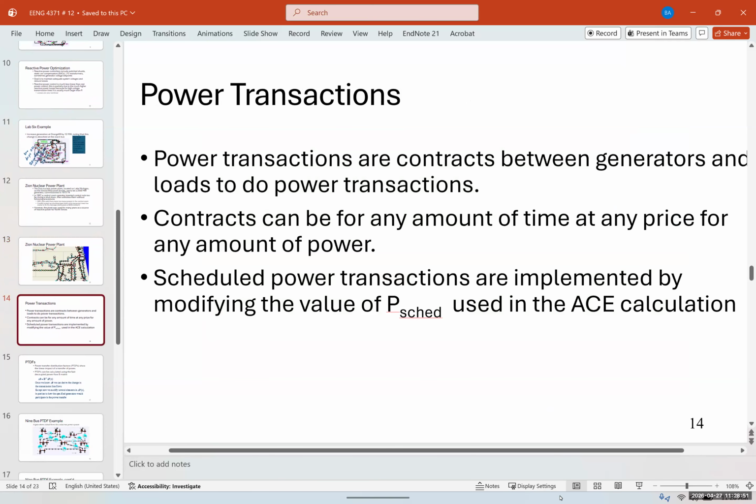So now, in a deregulated power market, generators and loads enter into contracts called power transactions. I already mentioned a little bit about this in the introduction class. A transaction is simply an agreement to move a certain amount of power from the seller to the buyer for any duration at a negotiated price, depending on how many generators we have.